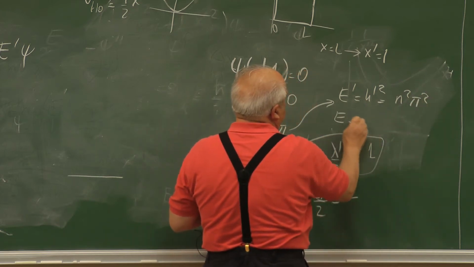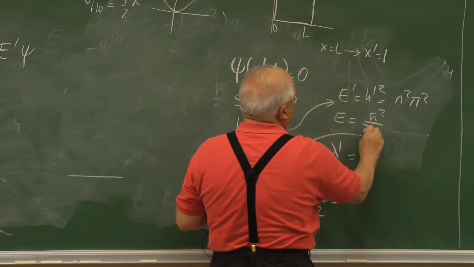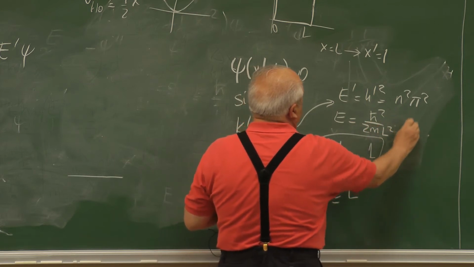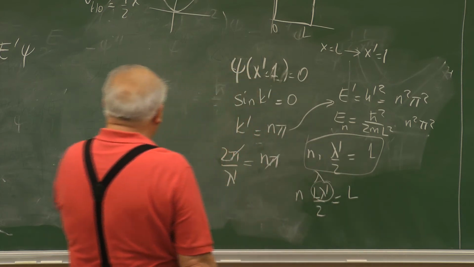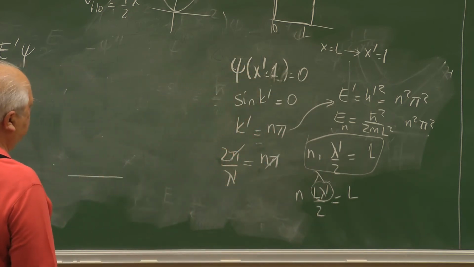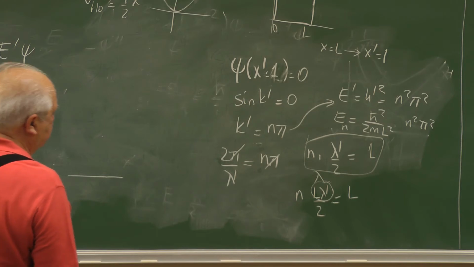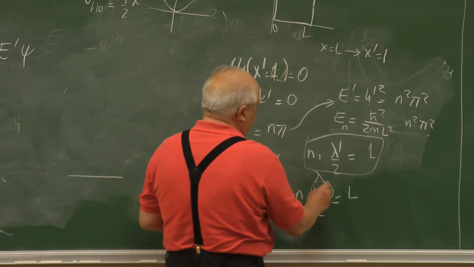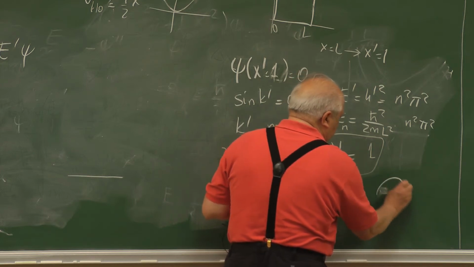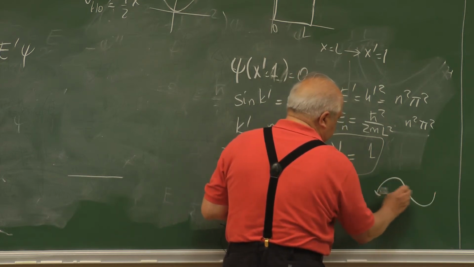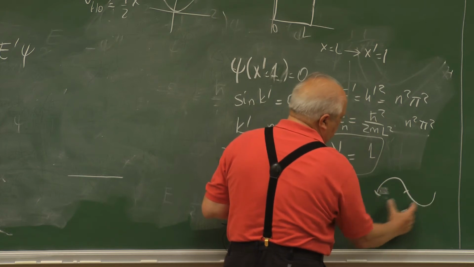And the energy is h bar squared over 2m L squared times n squared pi squared. So this is the energy of the level n. But I'm interested in the wave functions. It says that, let's look at here, between 0 and 1. So if this is a wavelength, this much is half a wavelength. This is also half a wavelength.